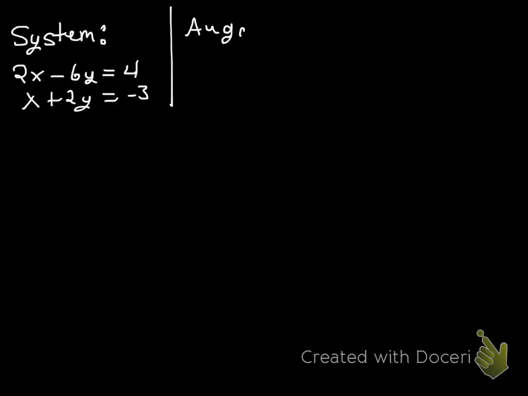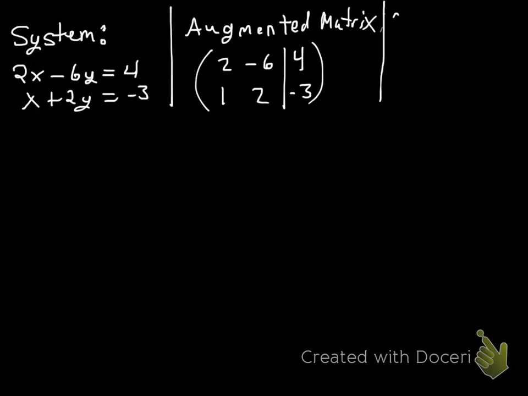So I'll give you the system. 2x minus 6y equals 4, and x plus 2y equals -3. Then we'll write that in the augmented matrix form. So we just drop the variables and make sure the x's are in the first column and the y's in the second column.